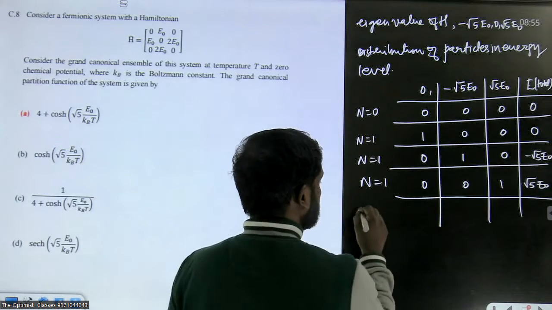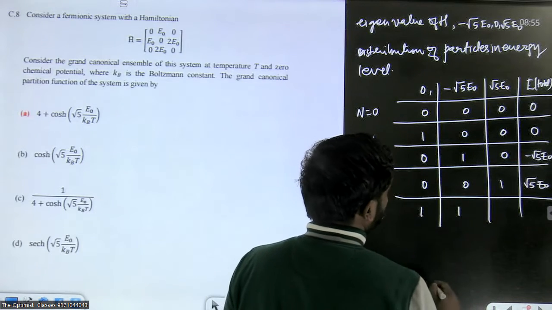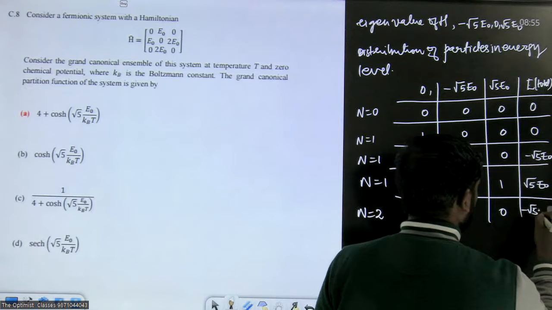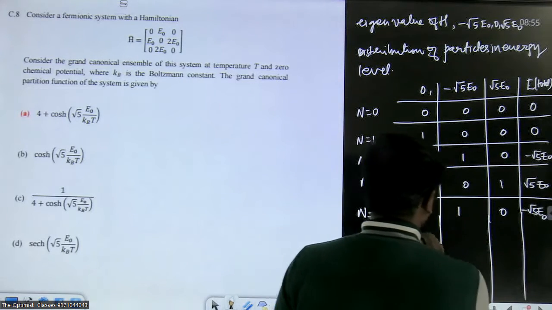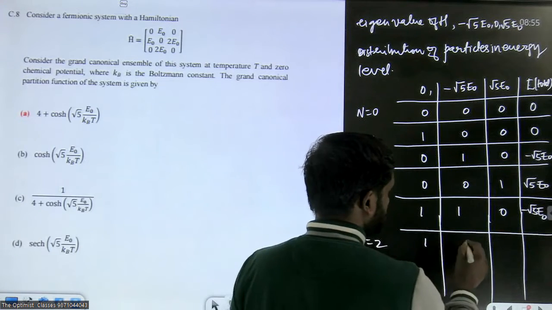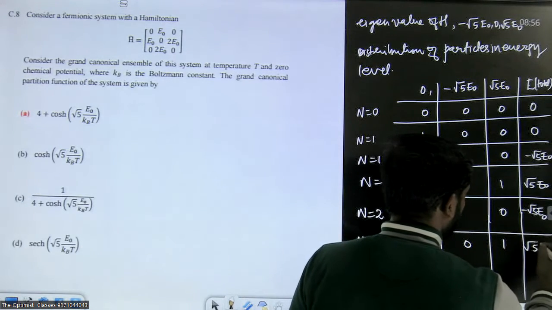Now suppose there are two particles. One particle can be here, one particle can be here, and no particle here. In that case, the energy is minus root 5 E naught. Now, two particles can also be here and here. If the particles are here, the total energy will be root 5 E naught.